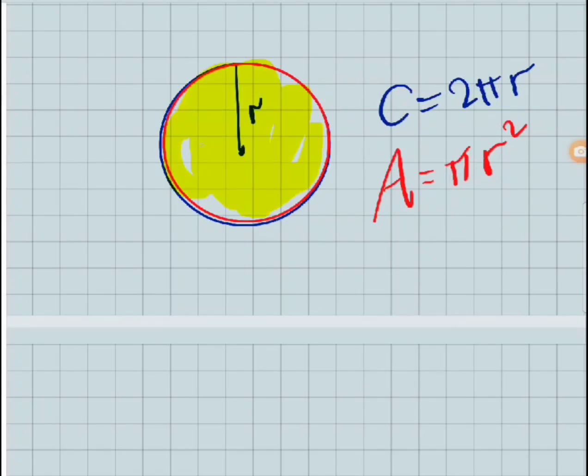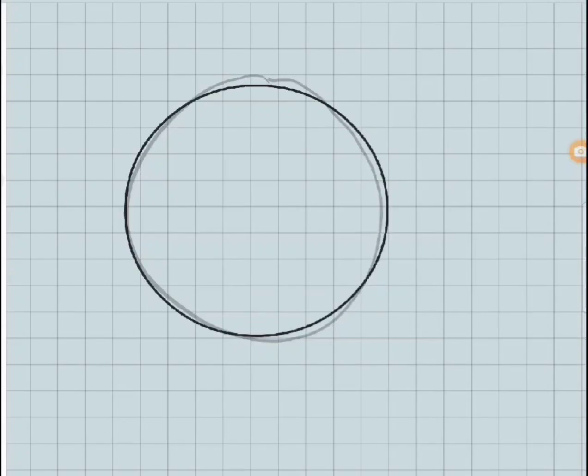Now let's talk about congruent chords. So let's say if we have a chord here and another chord here. And let's say this is AB and chord CD.